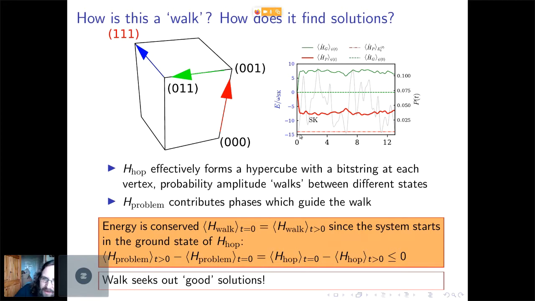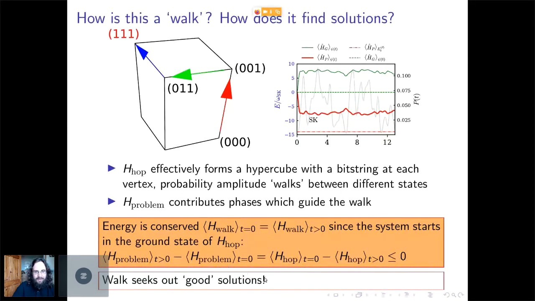Here you can see that this probability of success starts out really low on the left. What you can do is plot out the energy expectations of the different parts of the Hamiltonian: the problem, and what I've called the hop Hamiltonian. H walk is the total thing, so the energy is conserved overall.